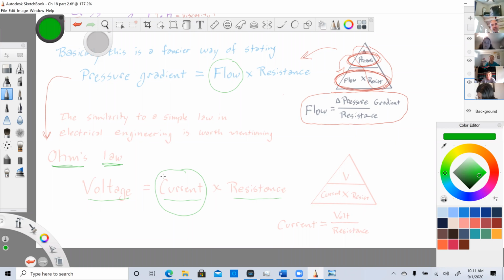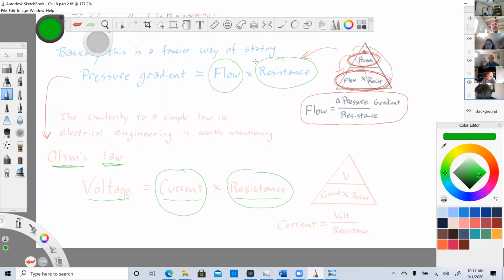A river flows and it has currents. It's a very similar word, right? And of course, resistance and resistance are the same. And resistance is futile, apparently. And then voltage and pressure gradient.